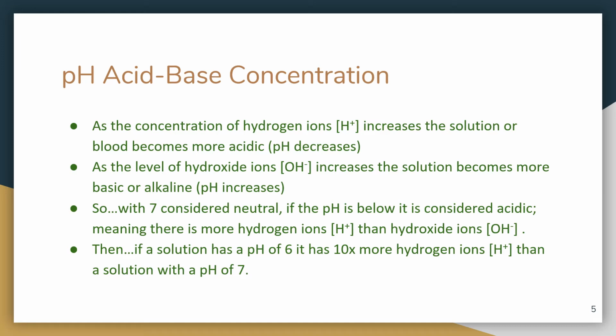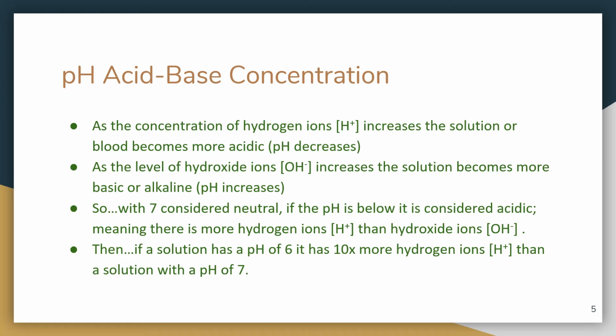With 7 being neutral, if the pH is acidic, it's going to have more hydrogen ions than hydroxide ions, and then the flip-flop is the other way.